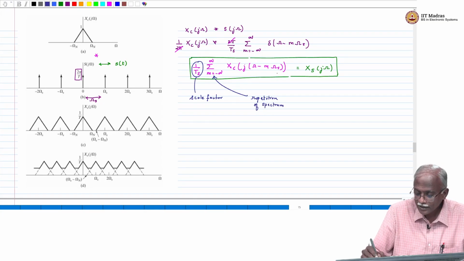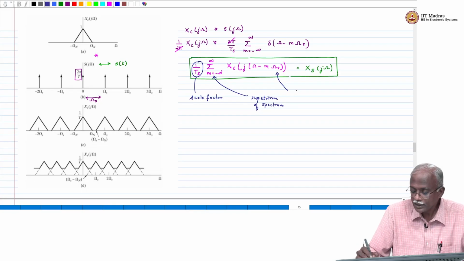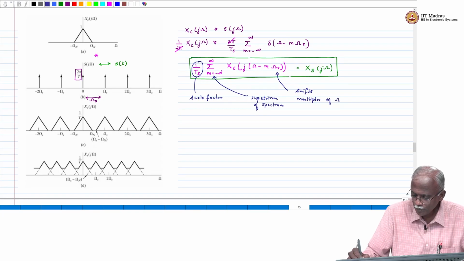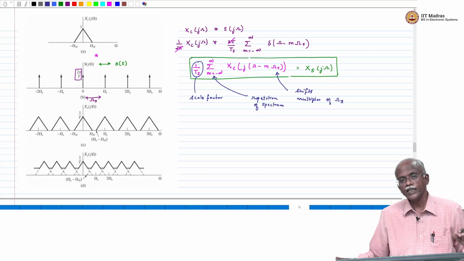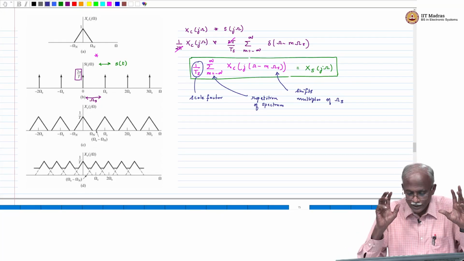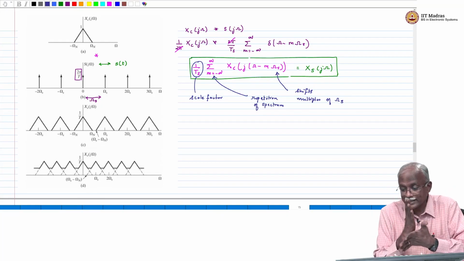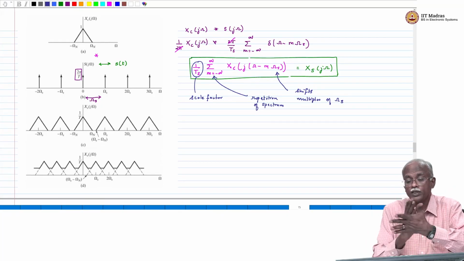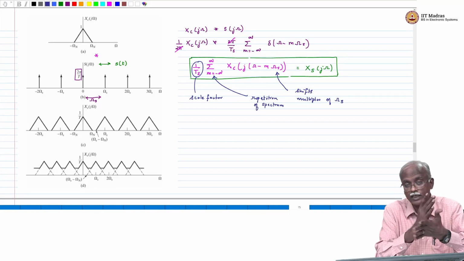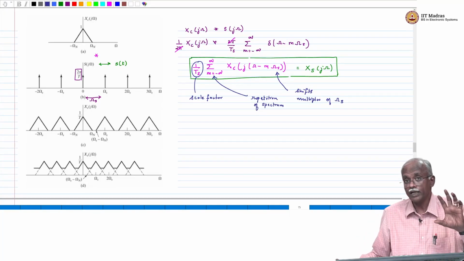And the third aspect is these copies of the spectrum are shifted by multiples. So these are the shifts. Okay, and the shift is multiples of omega s. So if I were to ask you to describe for me the spectrum of the sampled signal xs of t, which is the product of the impulse train and the continuous time signal, remember this is a mathematical framework.